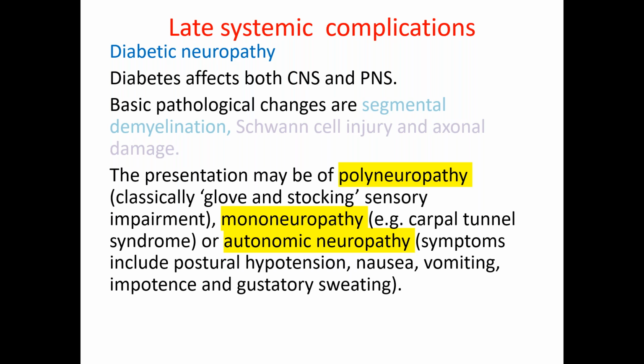The presentation may be polyneuropathy, classically described as glove and stocking sensory impairment, mononeuropathy, carpal tunnel syndrome, wrist drop, foot drop, and autonomic neuropathy. The symptoms include postural hypotension, nausea, vomiting, impotence, and gustatory sweating.